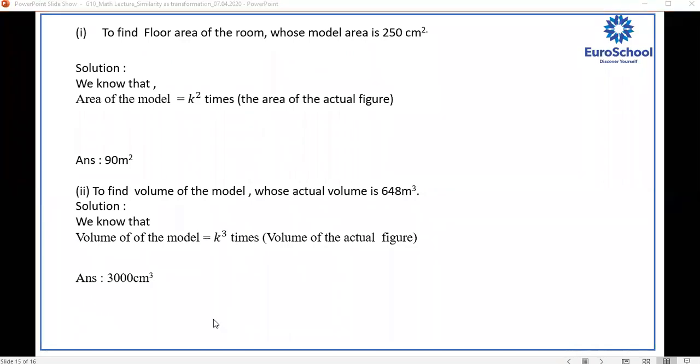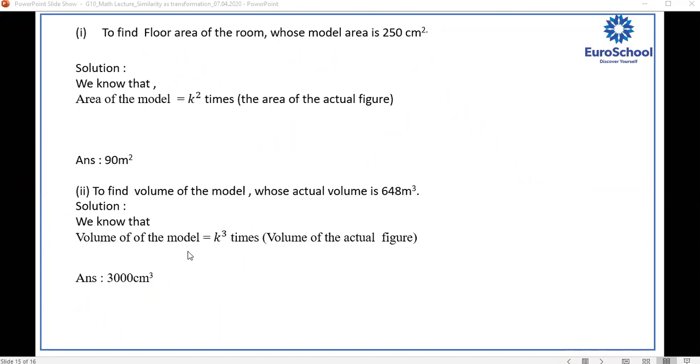Ma'am, so no homework in this exercise? Question number 9, 10. And both are 4 markers. So do it properly, write all the steps, all the formulas, conversion, everything you have to mention. In the next 2 questions, if you make any conversion mistake, you will lose 1 or 2 marks.